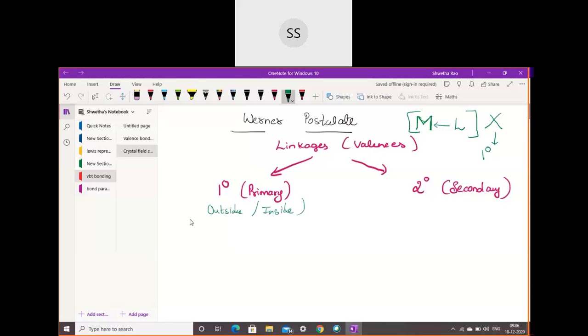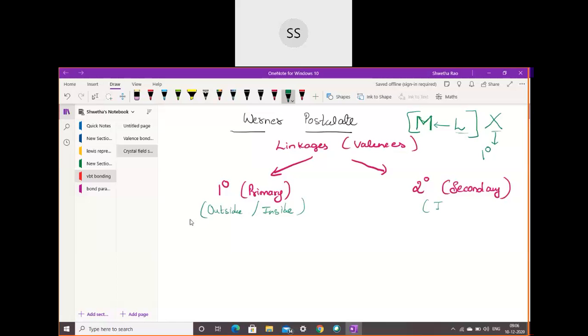Sometimes students get confused and think only the ones present outside, which react with the added solution and precipitate out, are the primary valencies. No, that is not the case. Primary valencies are the ones which satisfy the charge of the metal, so they can be present inside or outside the complex.